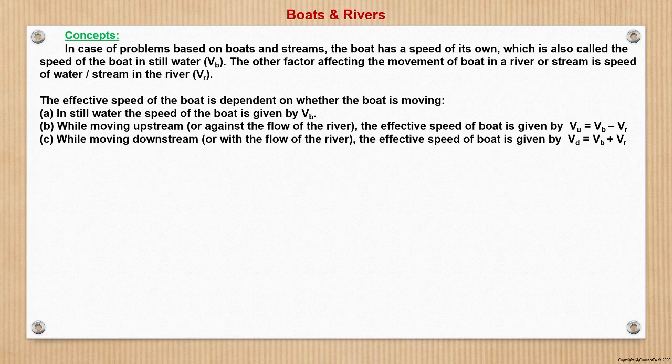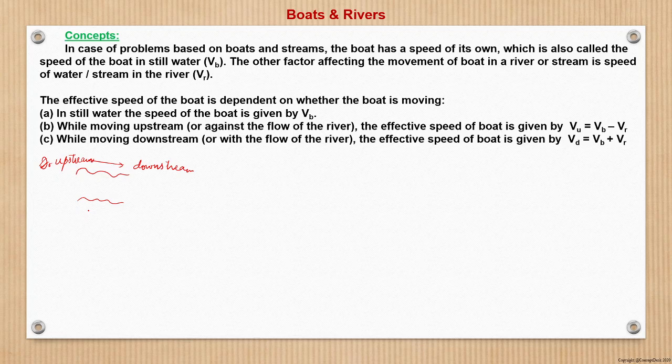One other thing, when we say that a boat moves in a river, there are certain terms which need to be clear before we move into the details. Suppose this is a river and the river is flowing from this direction, so this direction becomes downstream and this side becomes upstream, right?